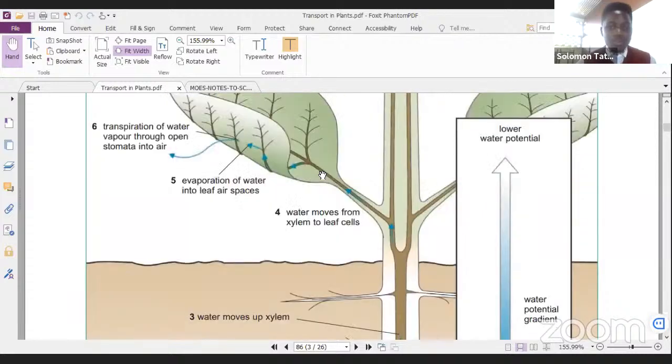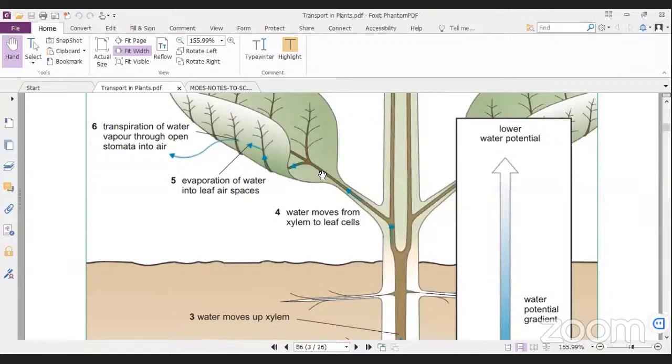The first thing we have to remember is transpiration. What is transpiration? You can answer that for us.